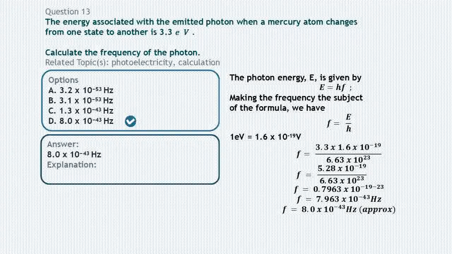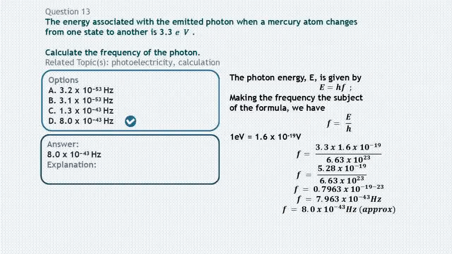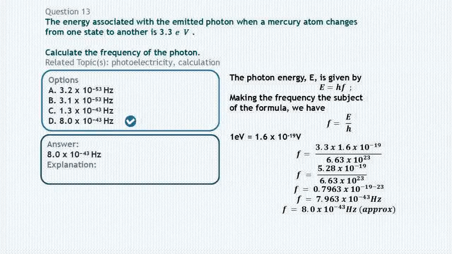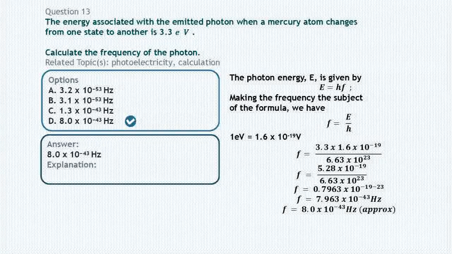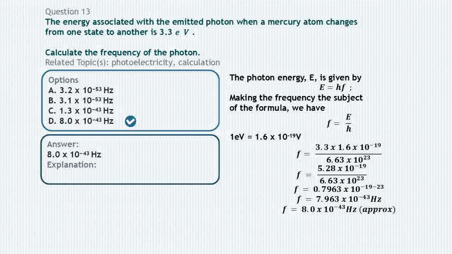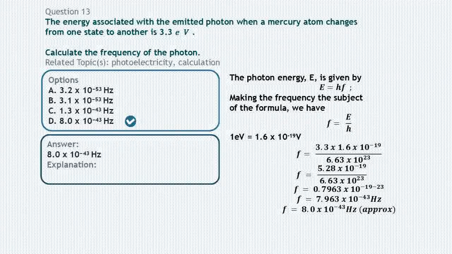Divide this by h, the Planck's constant, whose value is 6.63 times 10 raised to the power minus 34. At the numerator, 3.3 times 1.6 is 5.28 times 10 raised to the power minus 19.